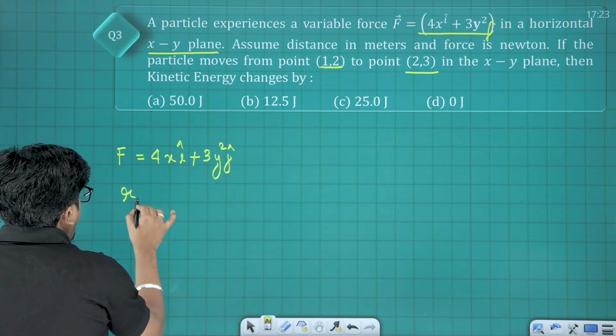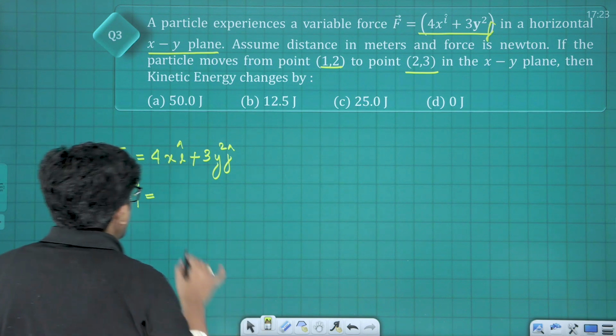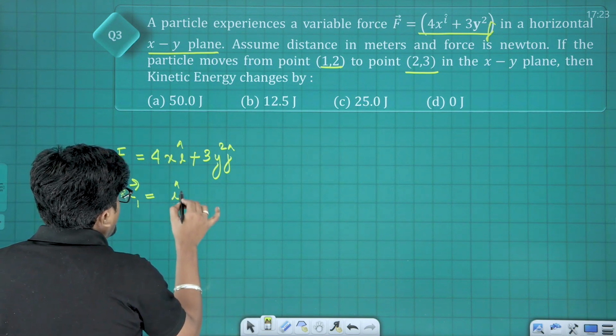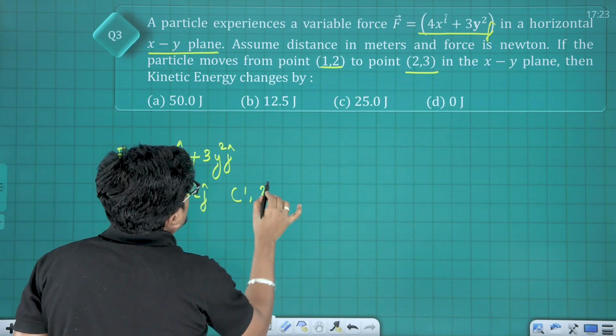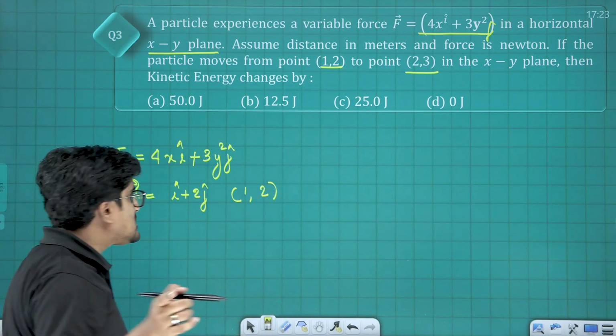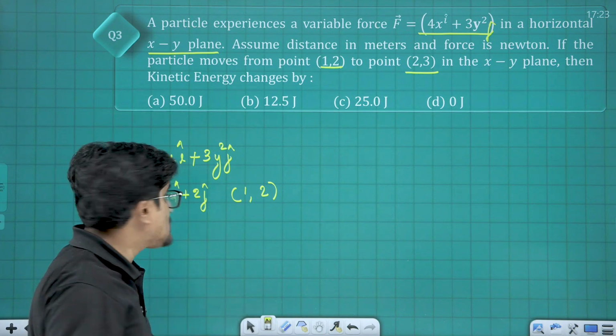And R1 vector, the initial position, is i plus 2j, or I can say the position is (1, 2). So x1 is 1 and y1 is 2.